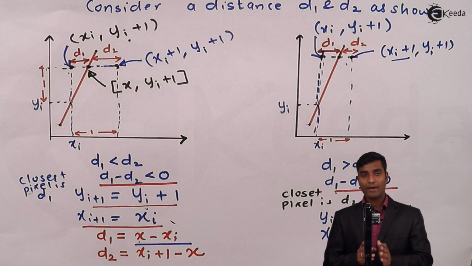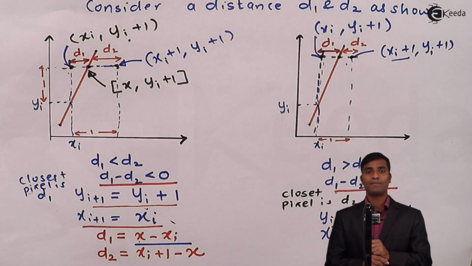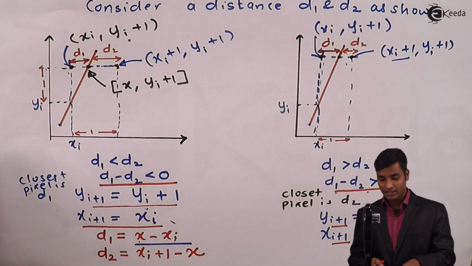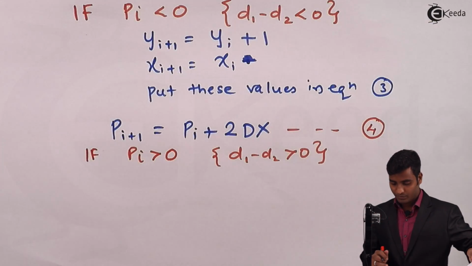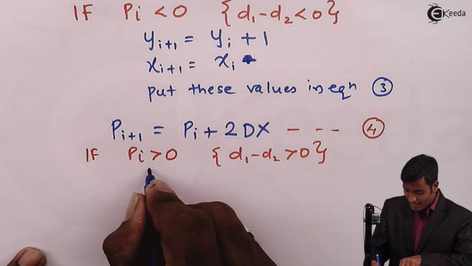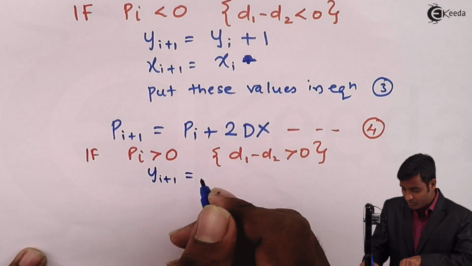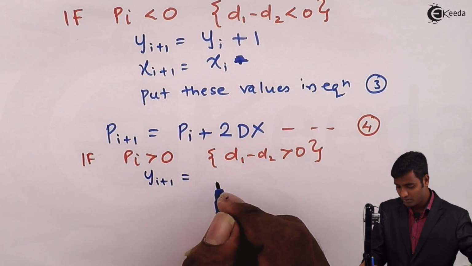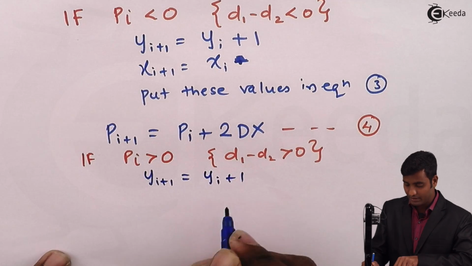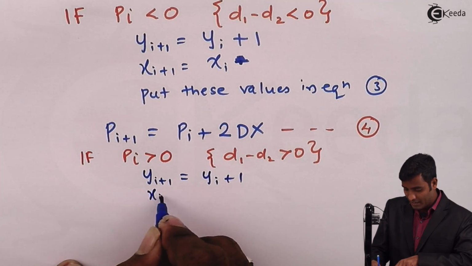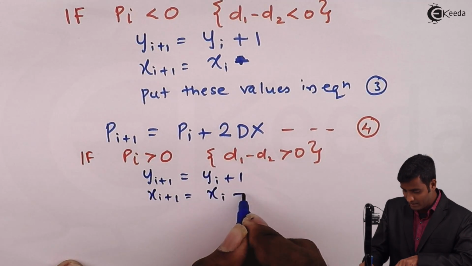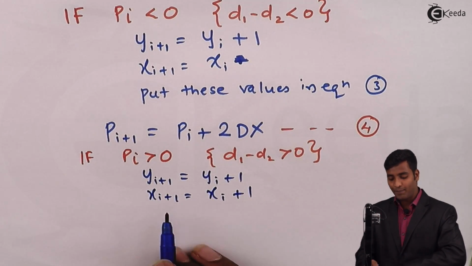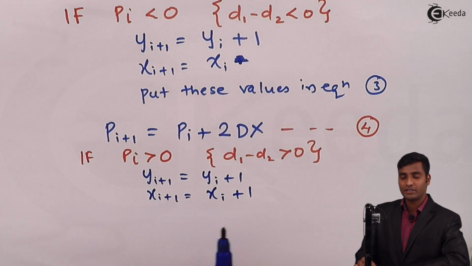So I will replace these values of xi plus 1 and yi plus 1 in equation 3, that is yi plus 1 is equal to yi plus 1, and xi plus 1 will be xi plus 1. So I will replace both values in equation 3.